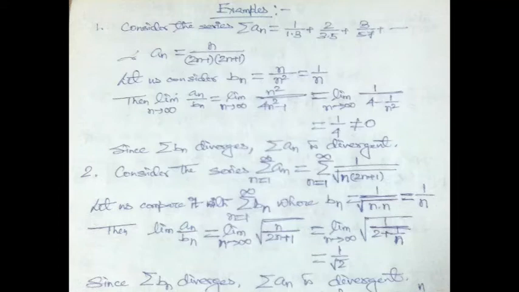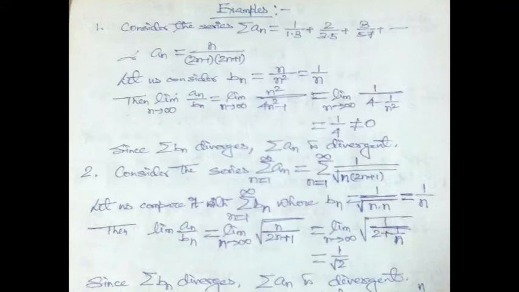So if we take the limit, that will be 1/4, that is a non-zero number. Therefore from the comparison test we can say that if summation b_n converges, then summation u_n will converge. But we know that summation 1 by n square, that is summation b_n, is convergent. Therefore summation u_n must be convergent.